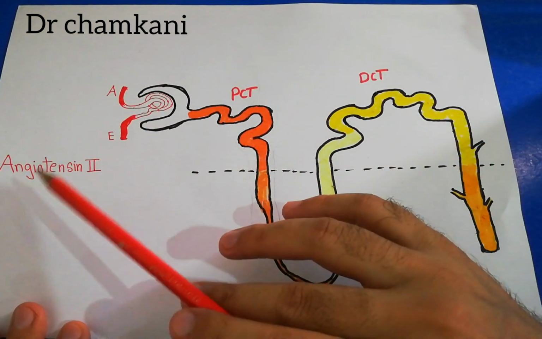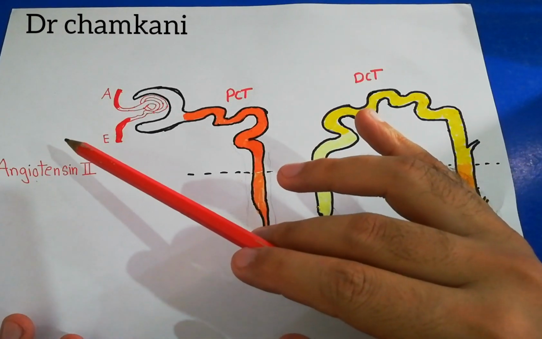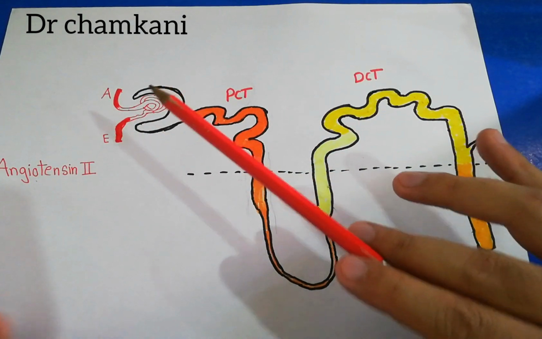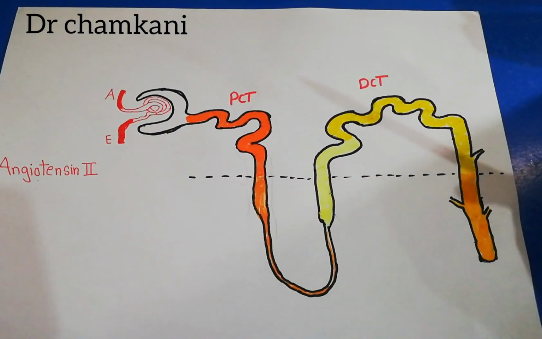The release of this hormone is dependent on the increase or decrease in arterial pressure, and only then does it come into action. But once it comes into action, it has a lot of ways to increase the reabsorption of sodium. That's all about the role of angiotensin 2. Thanks a lot for watching the video.